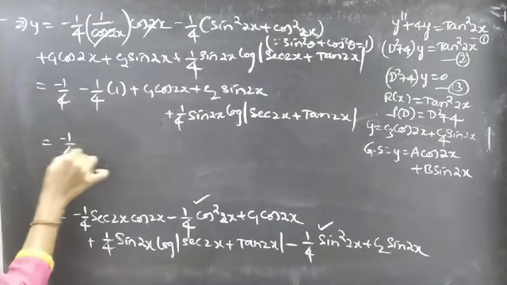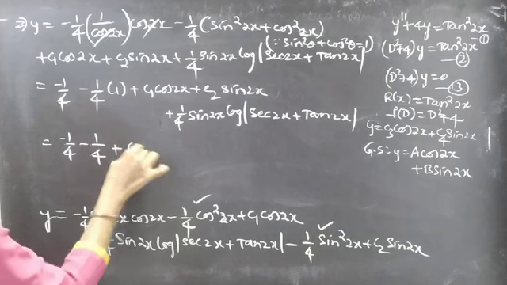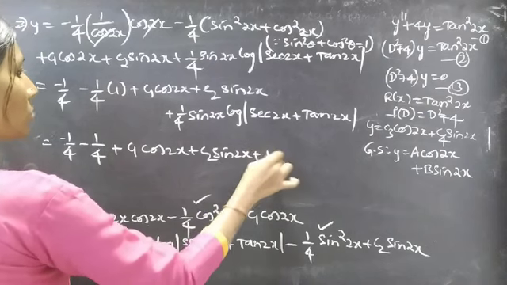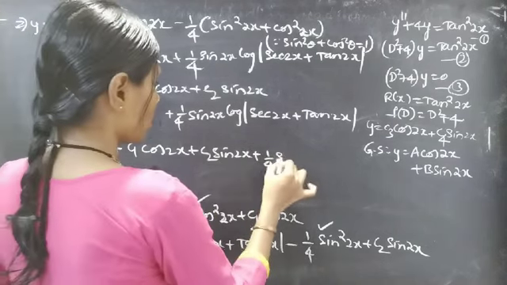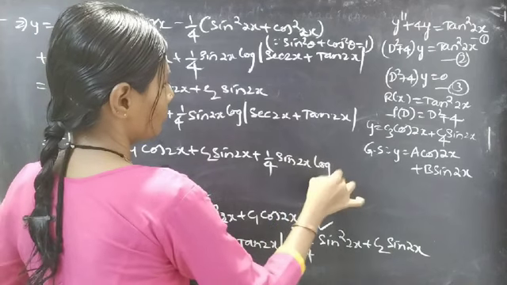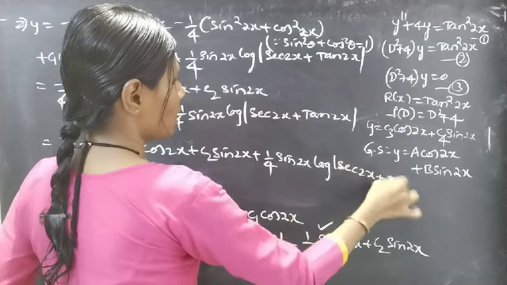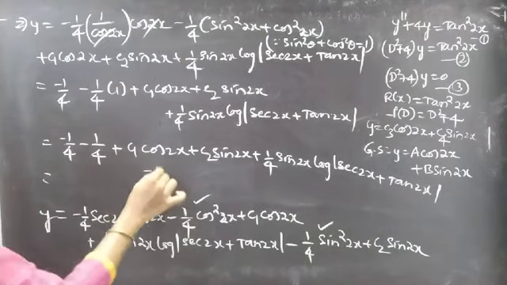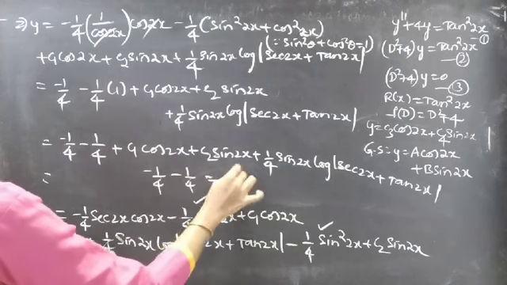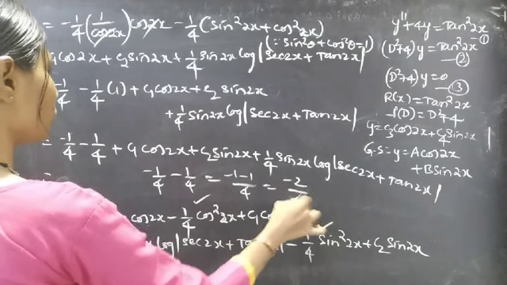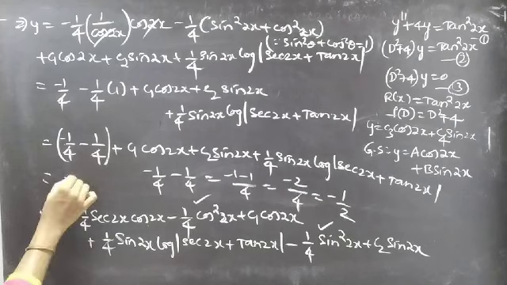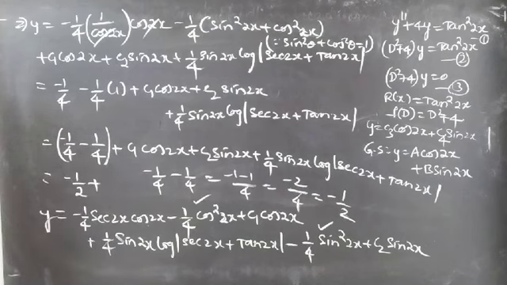This is equals to minus 1 by 4 plus c1 cos 2x plus c2 sin 2x plus 1 by 4 sin 2x into log mod secant 2x plus tan 2x, which is equals to minus 1 by 4 minus 1 by 4 is minus 2 by 4, which is equals to minus 1 by 2. Let's replace minus 1 by 4 with minus 1 by 2. You will get minus 1 by 2 plus the remaining terms will be same as it is.